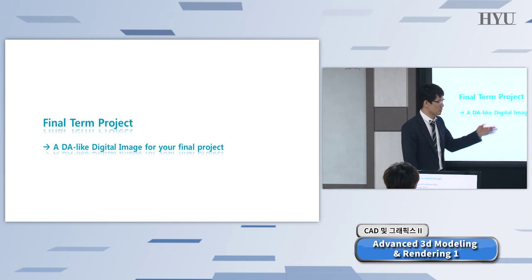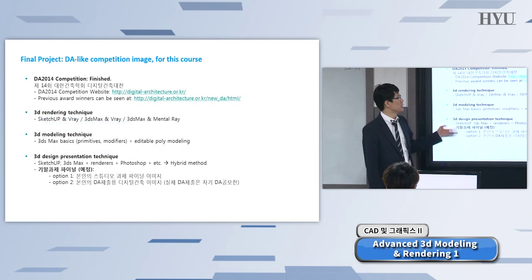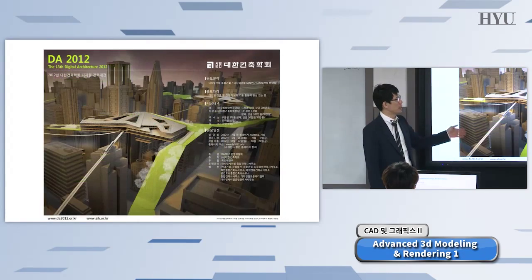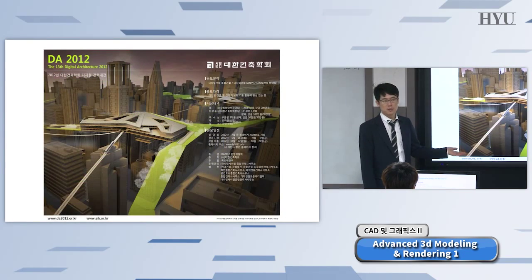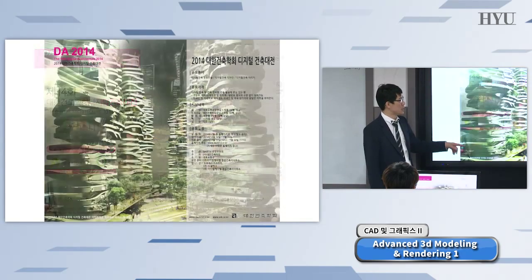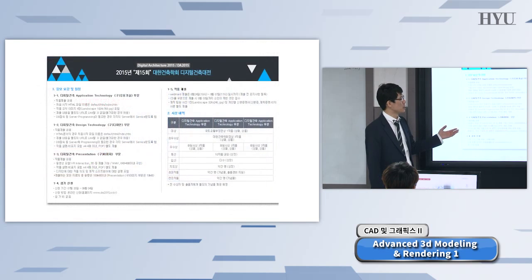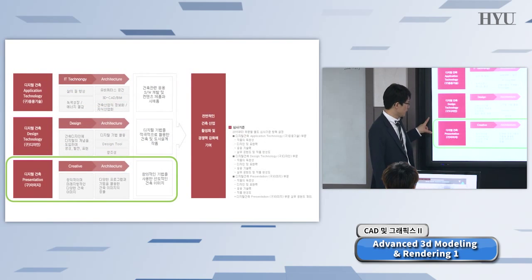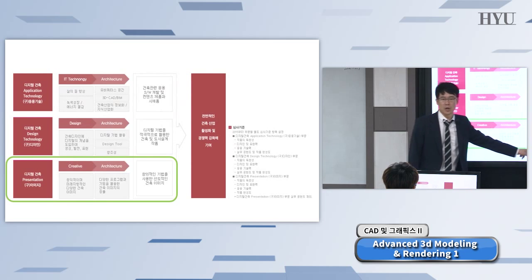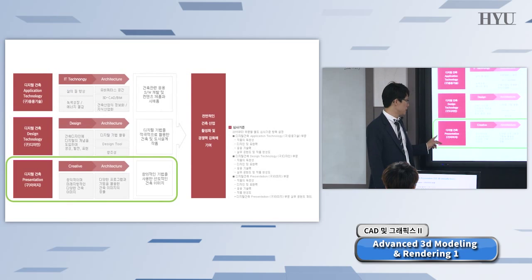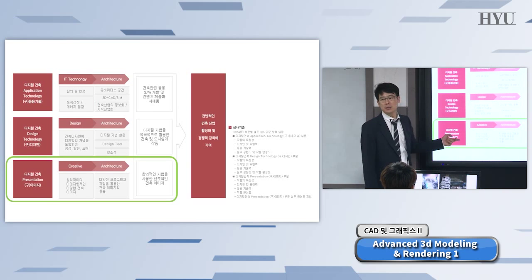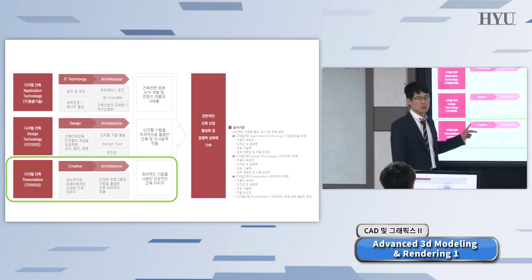For the final term project, the slides are the same as last week, okay? So the description and the DA's official posters, announcements, and their descriptions, some example award winners, and image-based representation, some details. And again, our focus, our subject for the final, is exactly the same as the category here. Digital architecture presentation, which means you can submit just one single page, a kind of best shot, or even animation.